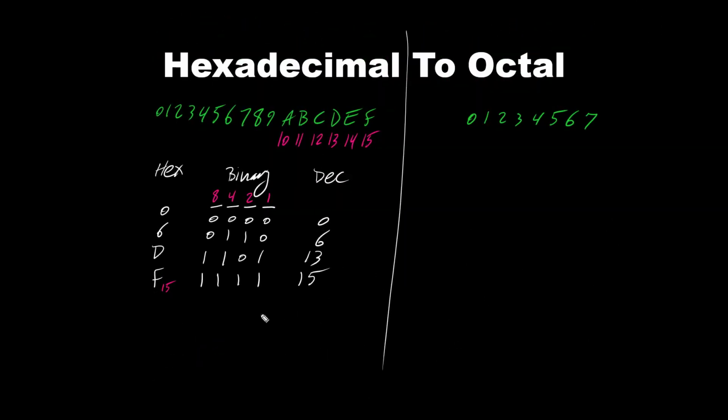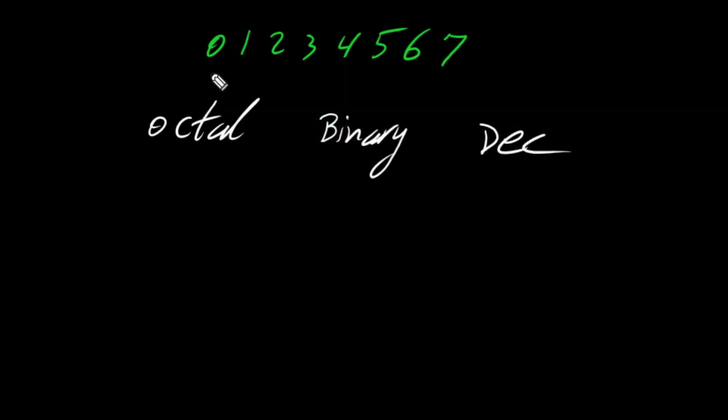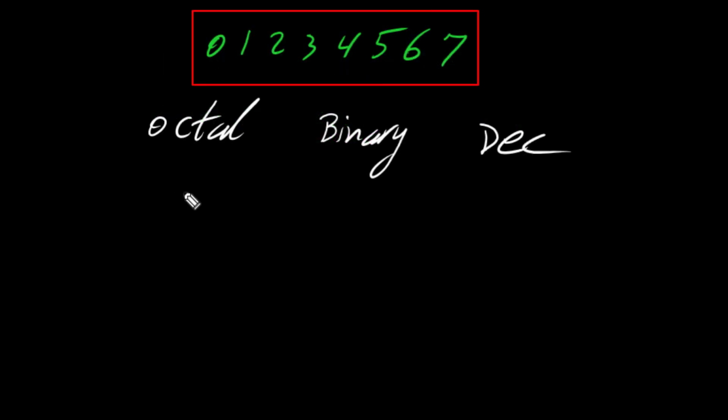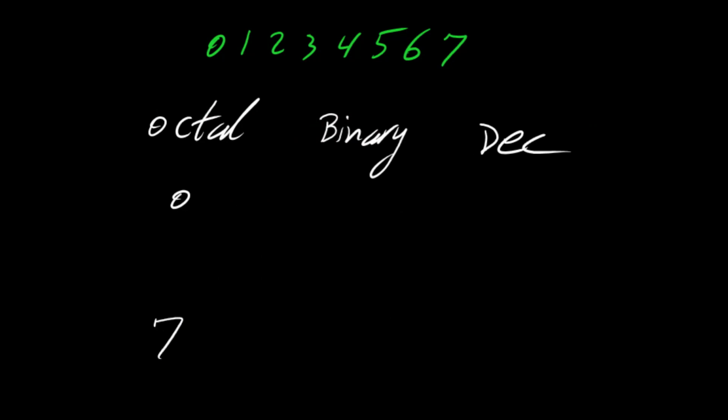Now let's take a look at octal numbers. If this is our octal, our binary here, and our decimal, the range is 0 to 7. And as I mentioned earlier, for every octal digit, we have 3 bits.